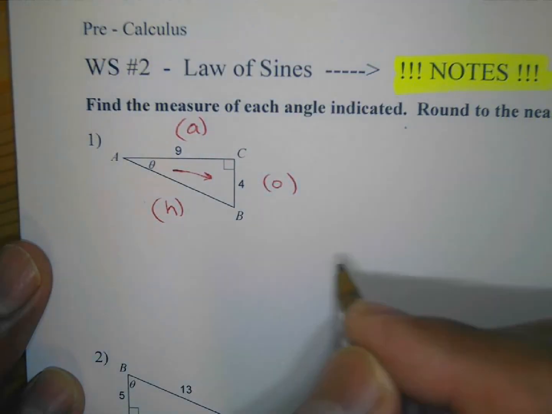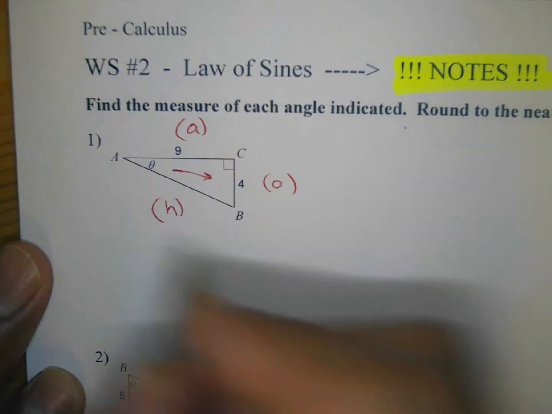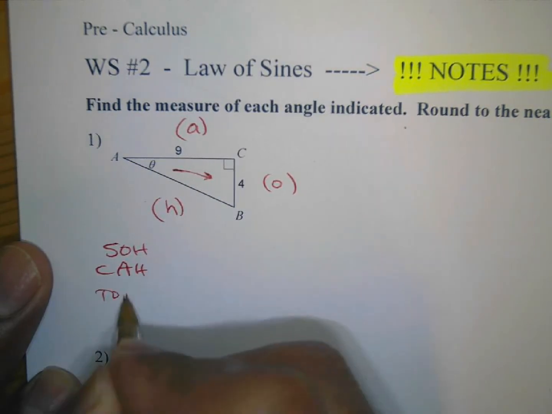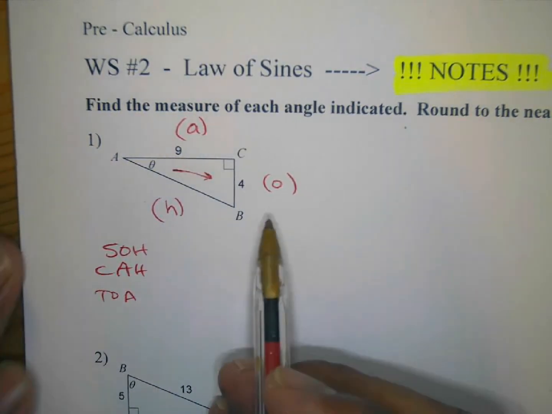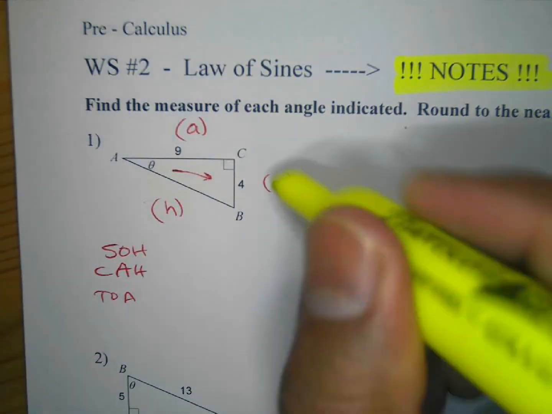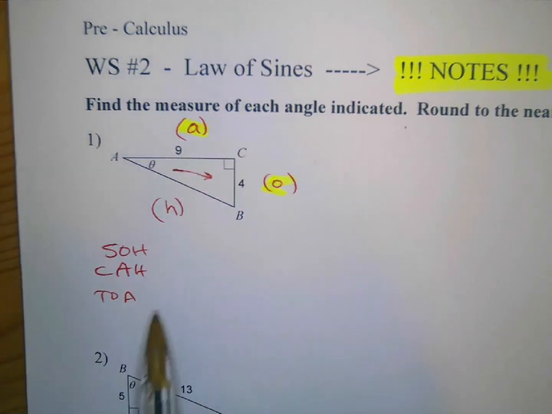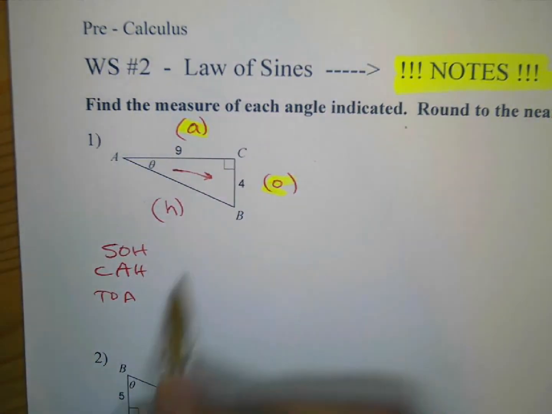So that's going to be SOH, CAH, or TOA. Well, I'm using the opposite and the adjacent side, so that has to be tangent, right?